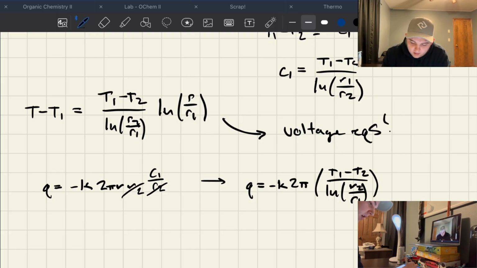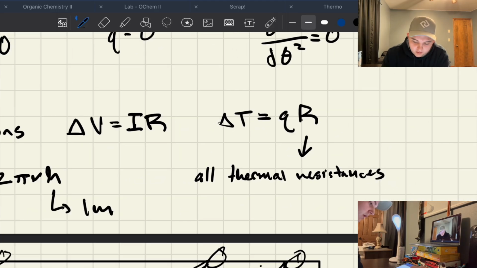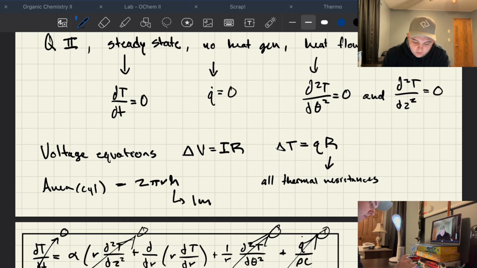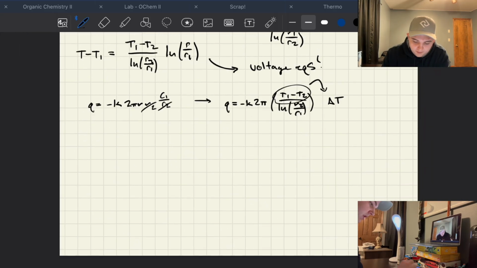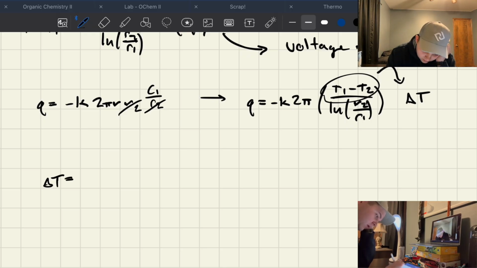And then this is equal to our delta T. So we need to solve for that to find our voltage equation, or delta T. Once we solve for that, delta T will be Q natural log R2 over R1 over the value out front.